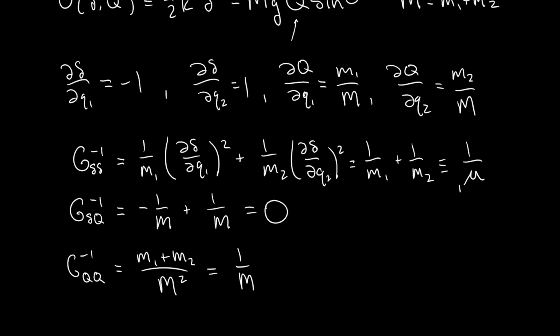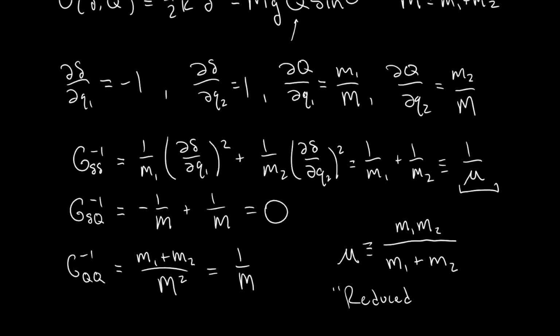So I've introduced this here, so I should probably define it a bit more. It's m1 m2 over m1 plus m2. This is known as the reduced mass of the system.